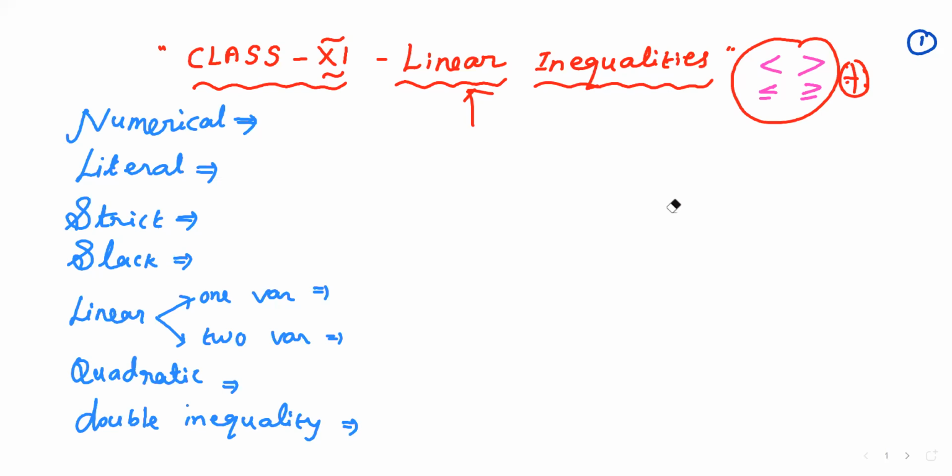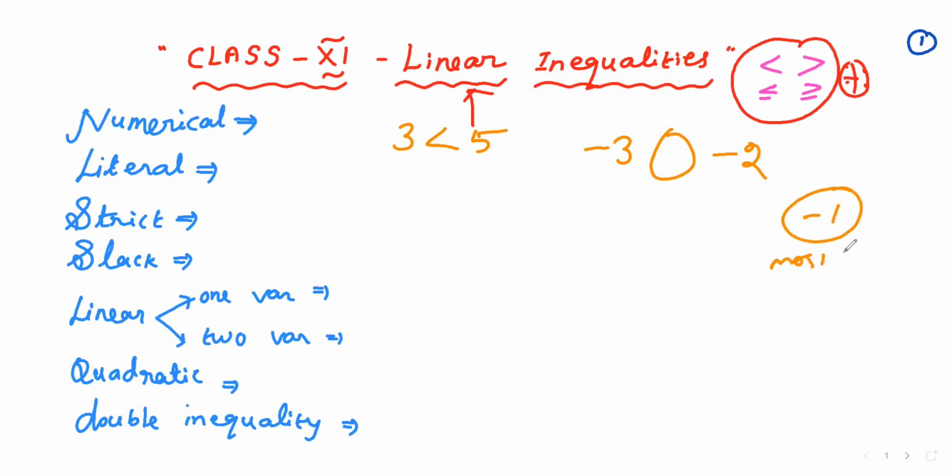Numerical inequality. 3 is less than 5, it's a simple thing, right? Now minus 3 is, what symbol will come? Many times kids are having confusions.